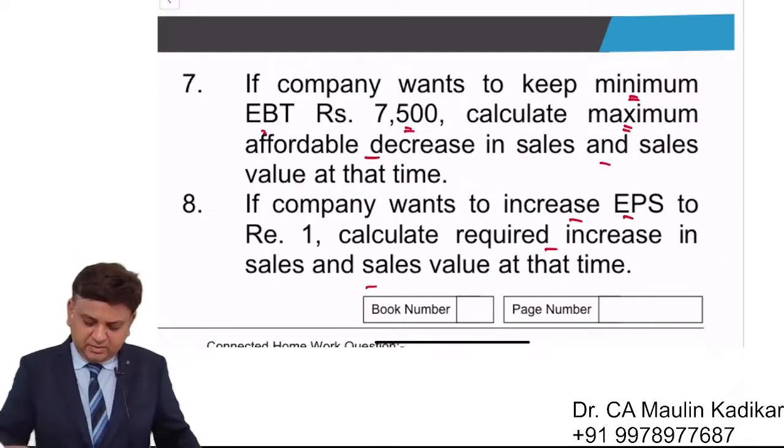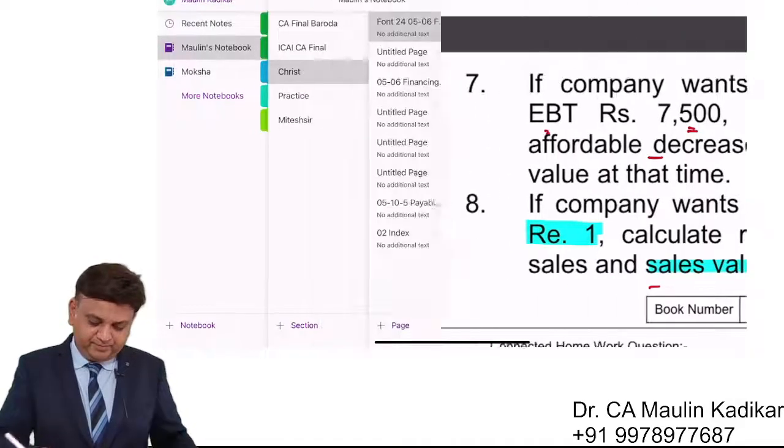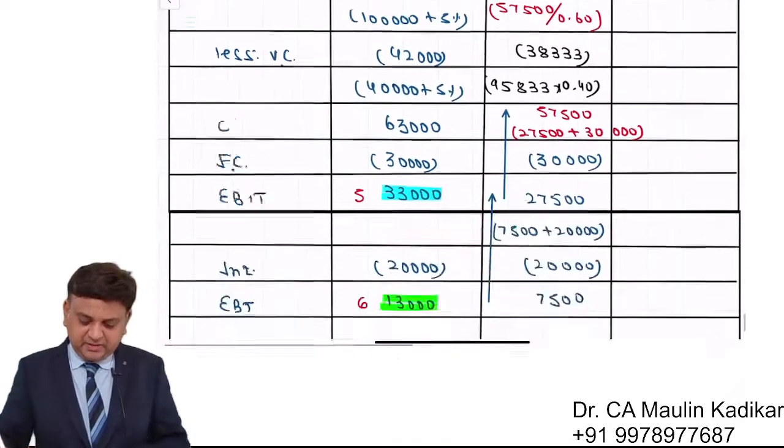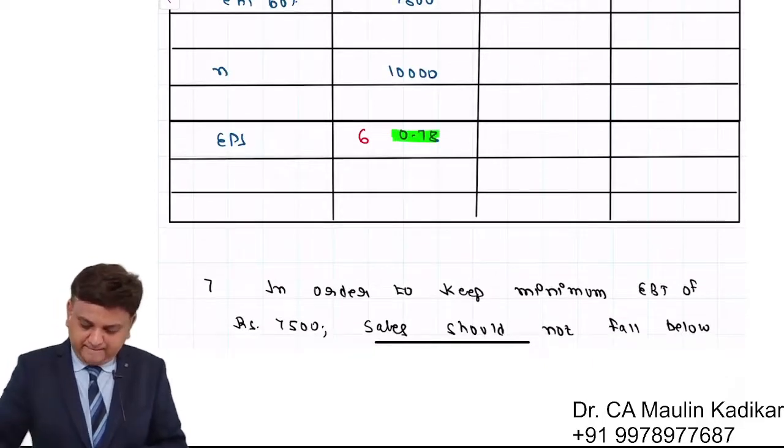Question number 8. If the company wants to increase EPS to rupee 1, calculate the required increase in the sales and sales value at that time. So basically we want to have EPS of rupee 1. Number of equity shares are 10,000.